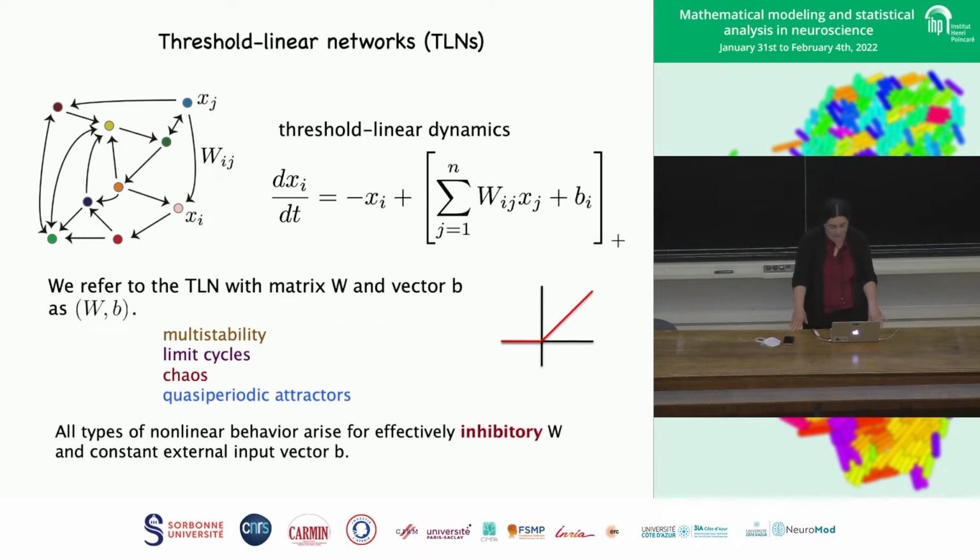Perhaps remarkably, these networks can display the full repertoire of nonlinear dynamics, even though, if you think about the equations a little, locally these are linear systems of ODEs. What's happening is that I have a piecewise linear system of ODEs. Setting the expression inside the nonlinearity to 0, which is where you switch from one side of the nonlinearity to the other, defines a hyperplane in the state space.